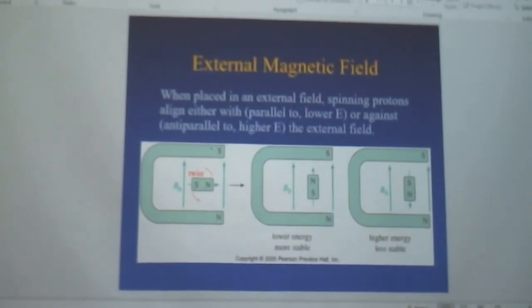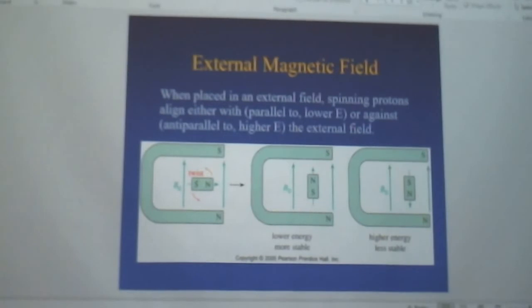The silo is this humongous magnet, very, very powerful. What you're dropping inside is your sample that has this magnetic field, which compared to the outside magnet is really, really small, a millionth of a gauss.